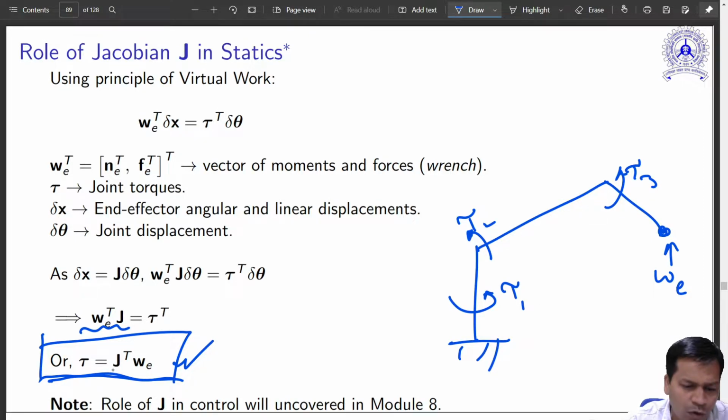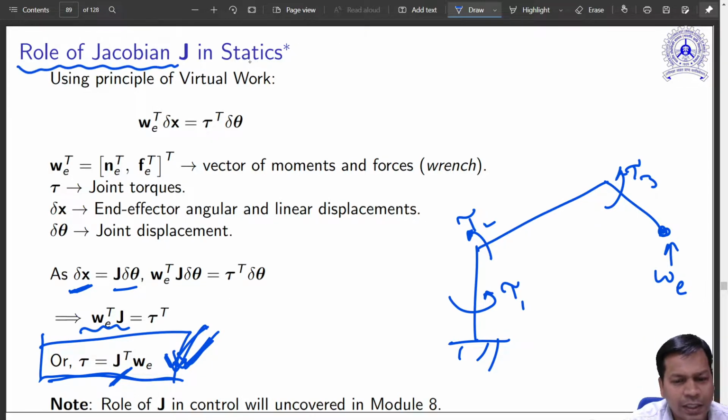Both are now related by the Jacobian transpose. So the Jacobian not only relates joint displacement and end effector displacement, it also relates forces and torques in this manner. This is one of the very important benchmark equations that is going to follow you from now on. This is another role of the Jacobian, in terms of statics. We will be using this in controls and many other robot aspects.